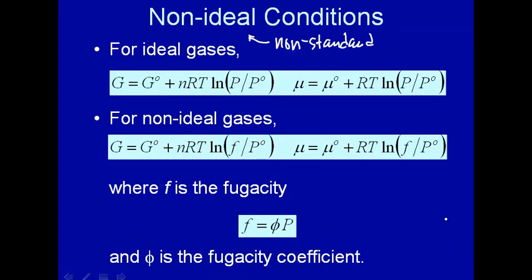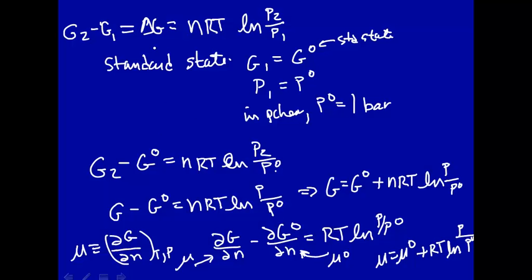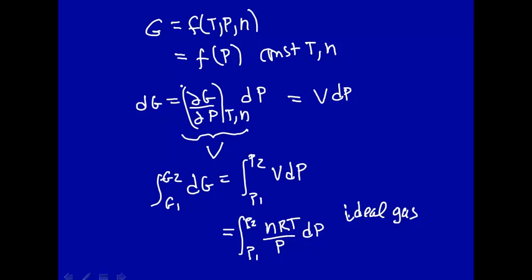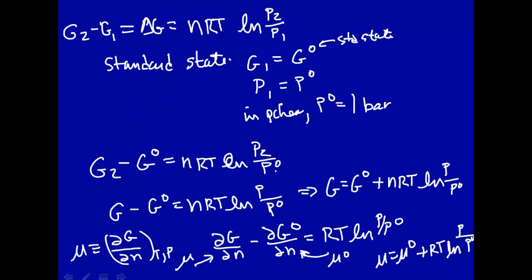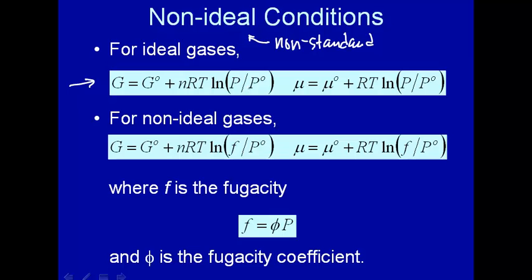Okay, so that's where these two equations come from. It's for ideal gases, and we just used this handy-dandy equation here that we learned a while back. We integrated that, and we found that free energy depends logarithmically on pressure, as does chemical potential.